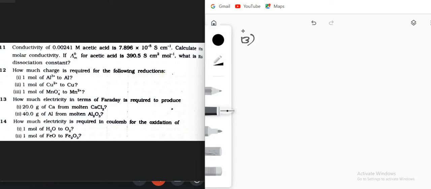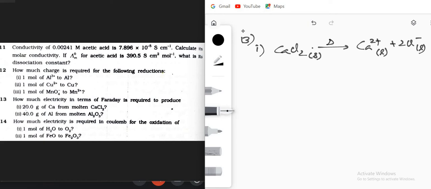How much electricity in terms of Faraday is required to produce, number 1, 20 gram of calcium from molten calcium chloride. So we have molten calcium chloride, right? Calcium chloride solid, on heating, will melt and you'll get calcium ion liquid and chloride ion liquid.